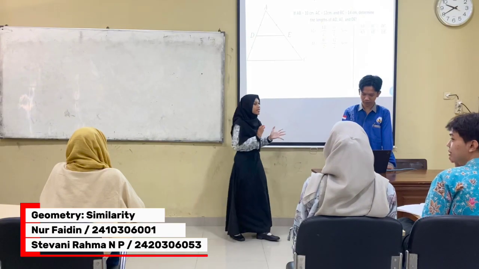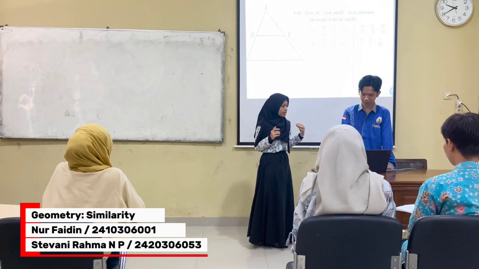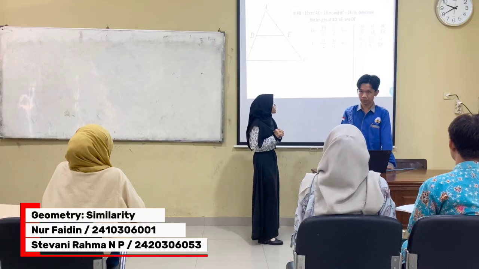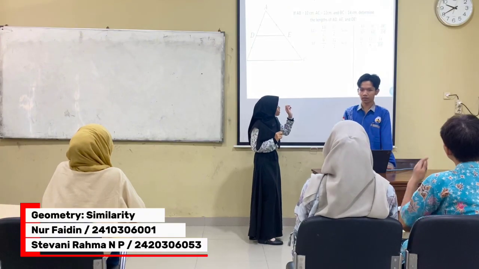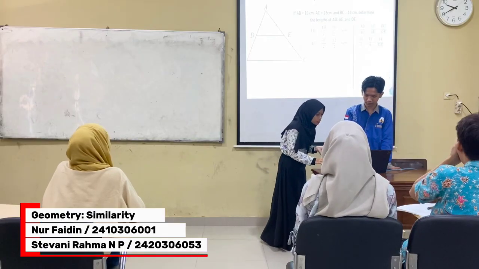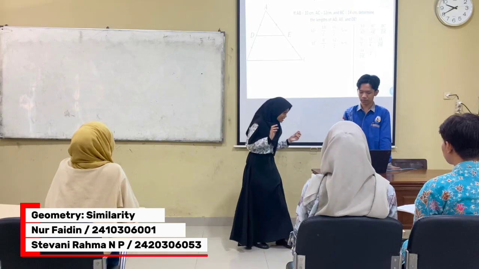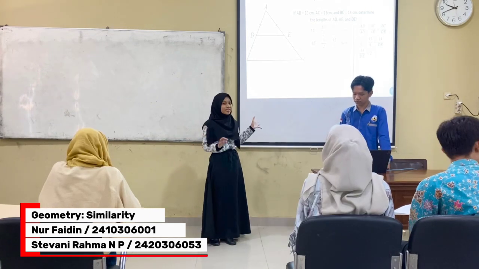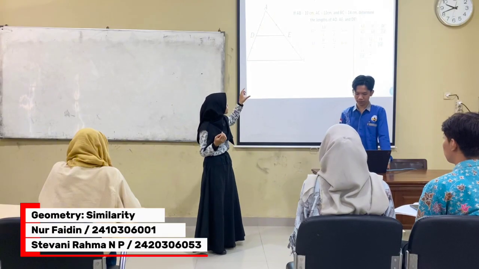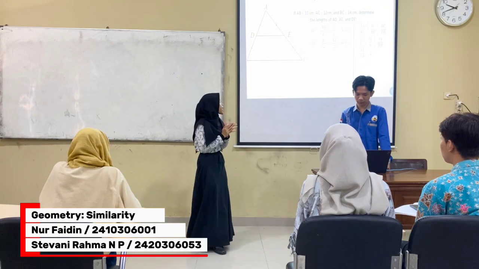So the ratio is 2, and it must apply to BC and DE as well.